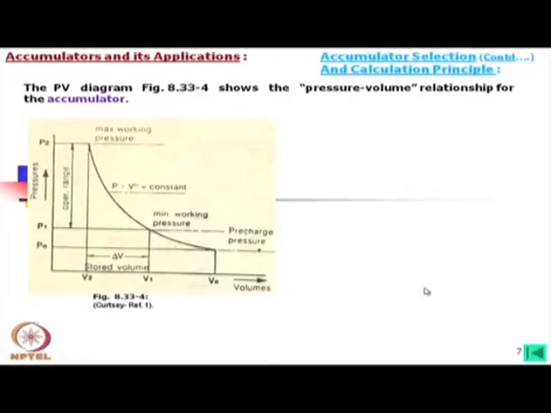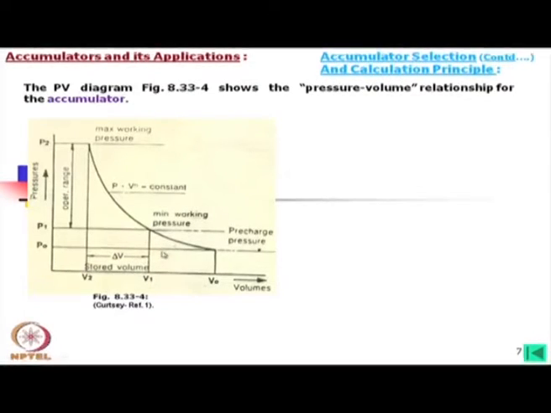Now, if we look at this very ideal case, the PV diagram is usually as follows for a gas. We can see this is the maximum pressure P2, the working pressure, and P0 is the minimum gas charge pressure, and this is the volume, the stored volume being used for the system.